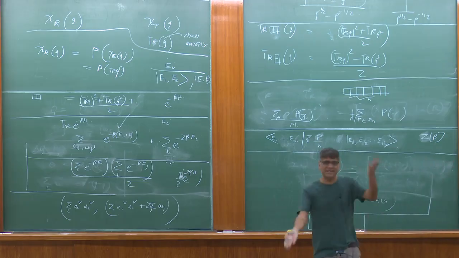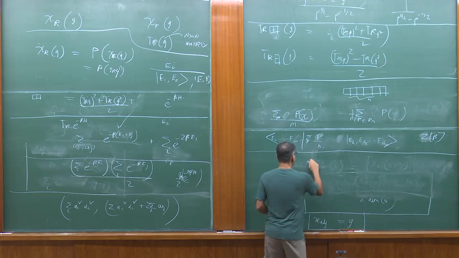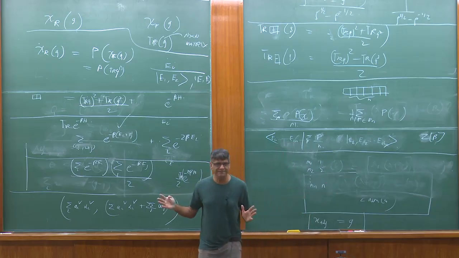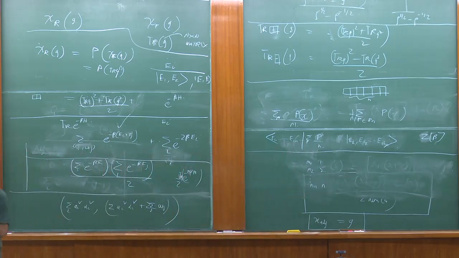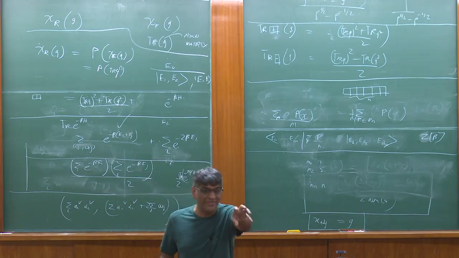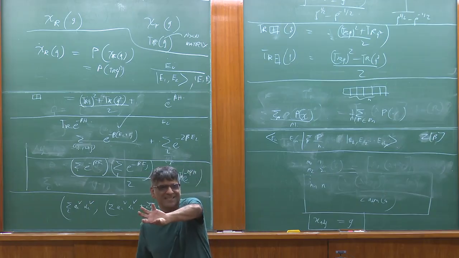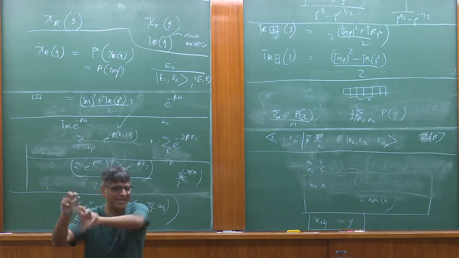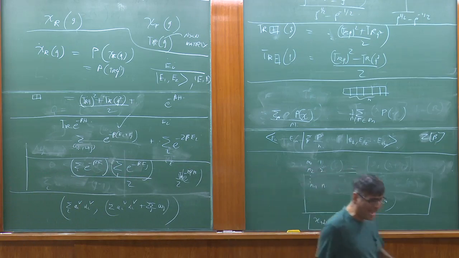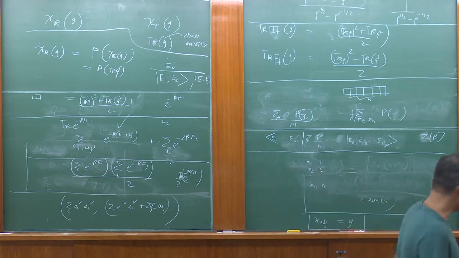Every permutation is similarity equivalent to a set of cyclical rotations, where you have m1 cycles of length 1, m2 cycles of length 2, up to mn cycles of length n. Is this statement familiar? Every permutation element is similarity equivalent to this: you take the first guy, do nothing to it, then the next two guys cycle, maybe 5 times do that, then 3 cycles, and so on. Okay.